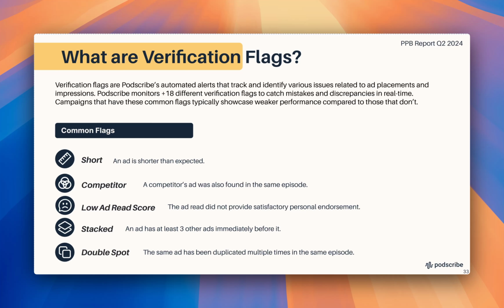So things like that are verification flags that the system auto catches, to hopefully catch some of these things so you can feel a bit more confident without listening to every single read.